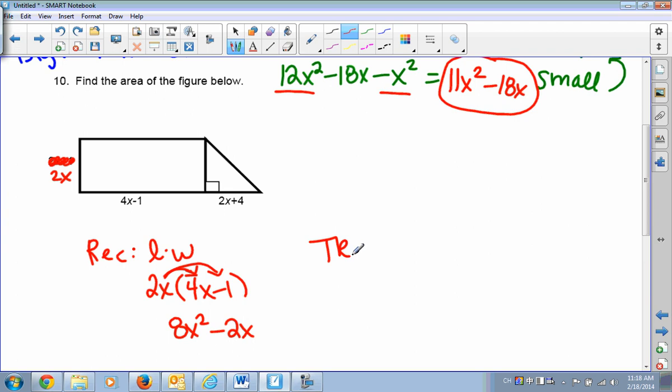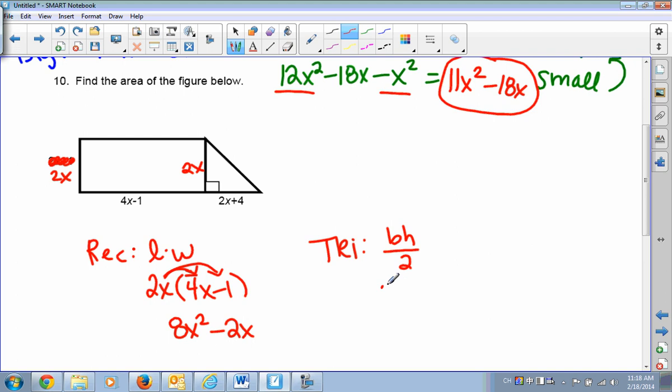Now we have to do the triangle's area. What's the formula for that? 1/2 base times height, or you could do base times height divided by 2. Same thing. Okay? Well, what's the base of our triangle? Okay, and what's the height of our triangle? 2x.